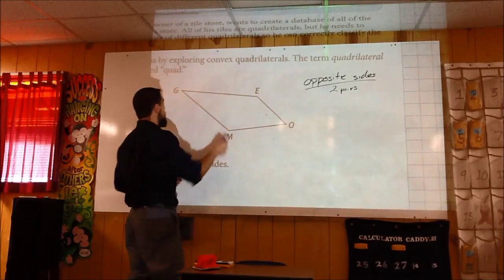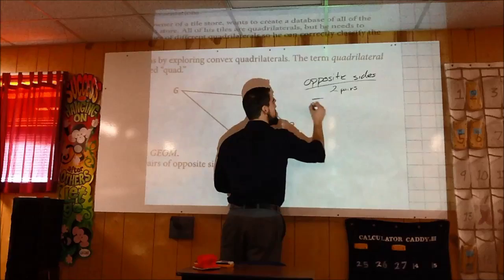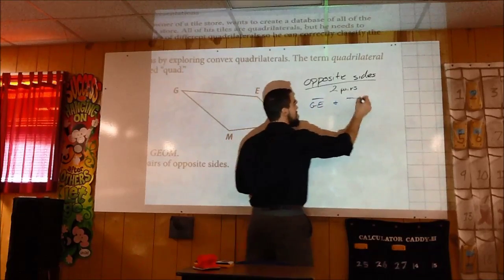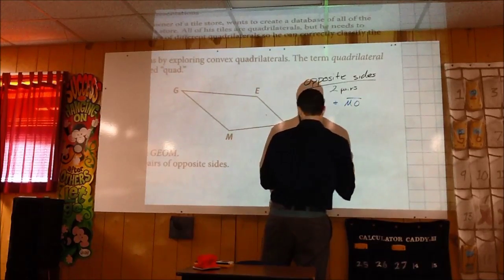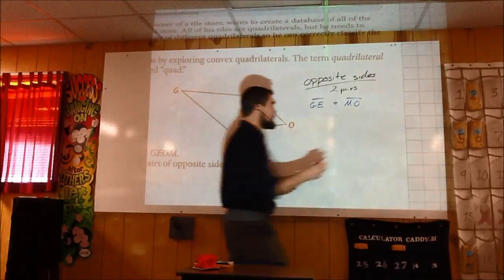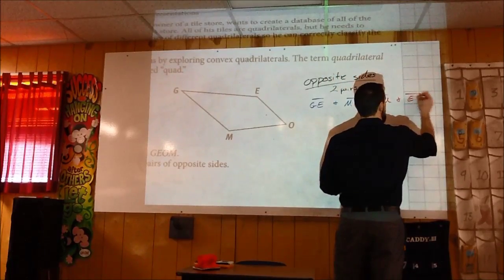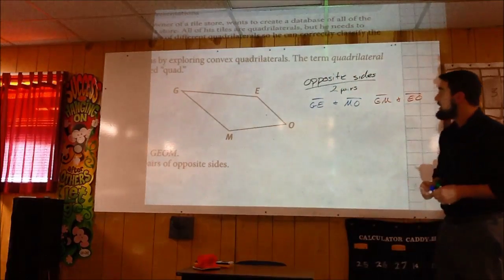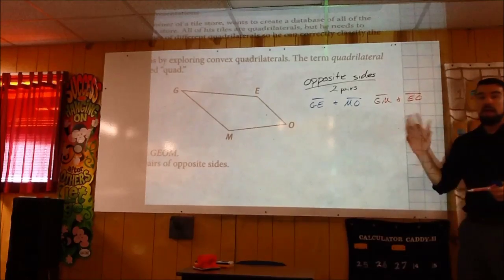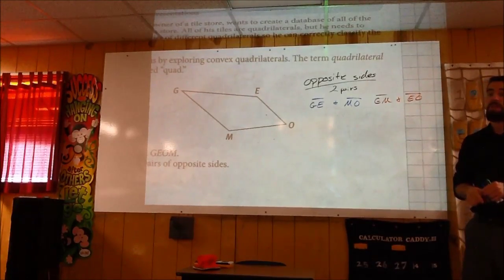The first being segment GE and segment MO. Those are 2 sides that are opposite. And what is the other pair of opposite sides? Segment GM and segment EO. That's another pair of opposite sides. They are across from each other in this quadrilateral.